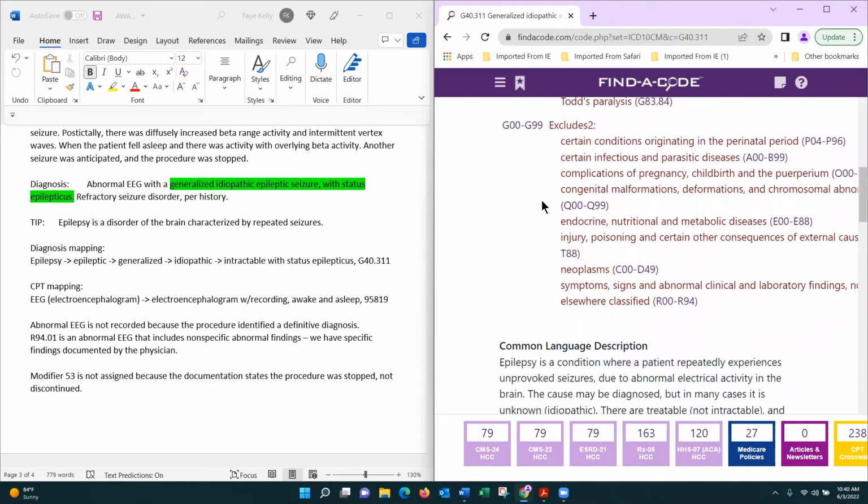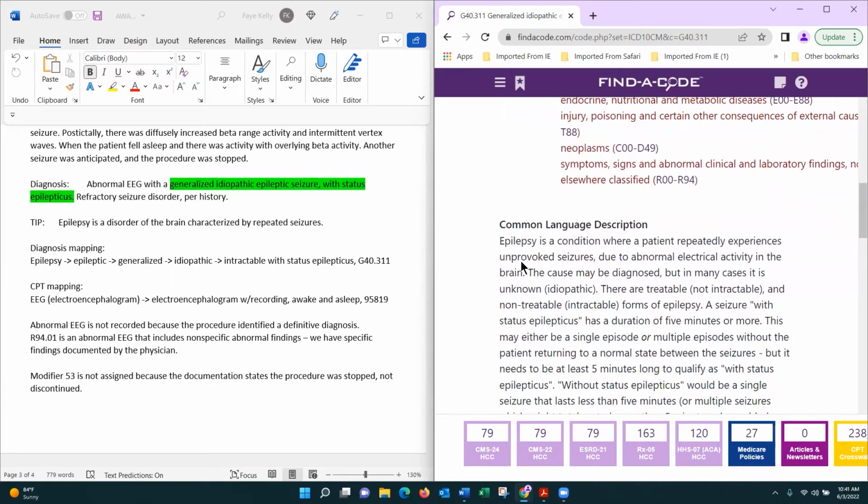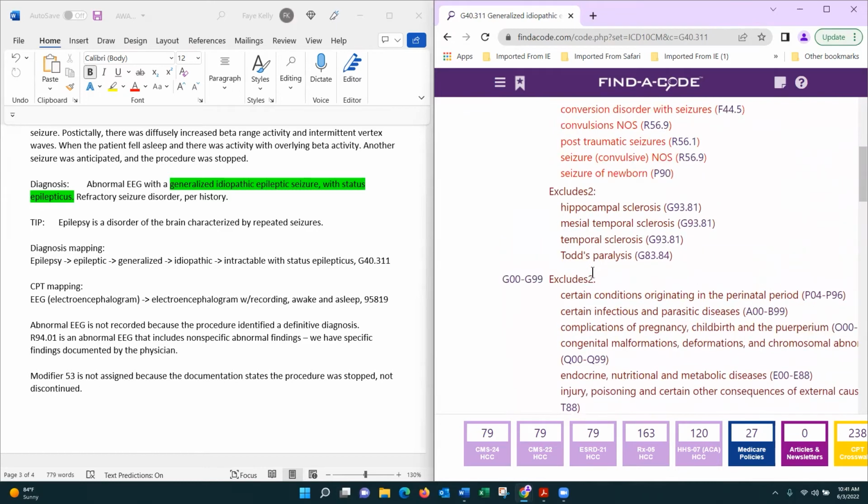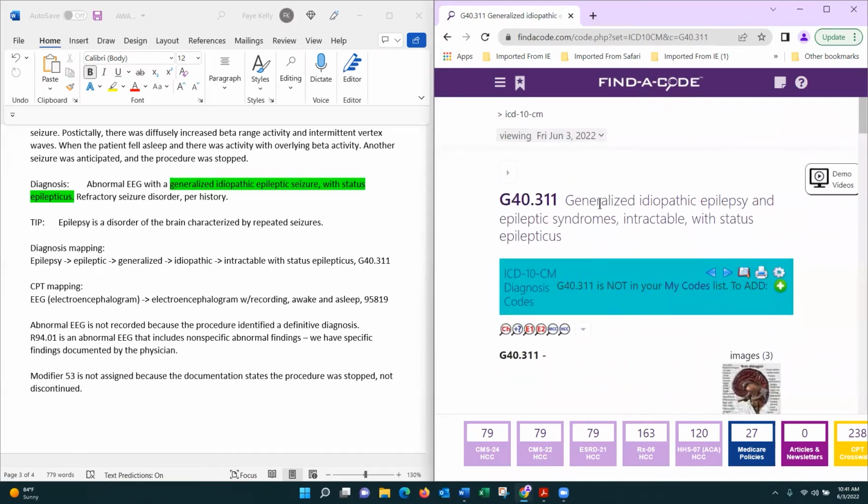That will help you. And once again, I'm going to preach this to you: read this common language description. It's so important. And I know, Daniel, you did arrive at this code, correct? If I remember correctly.